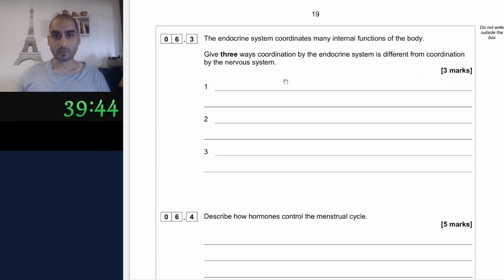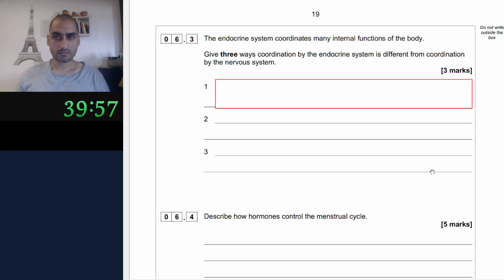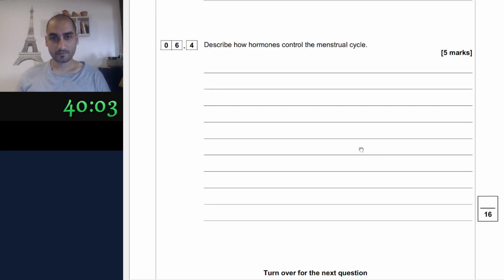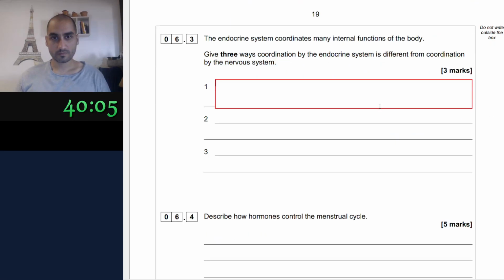The endocrine system coordinates many internal functions of the body. Give 3 ways coordination by the endocrine system is different from coordination by the nervous system. Endocrine, so that's like hormones, right? 3 ways, I can't really decide on 1 way. Homeostasis.